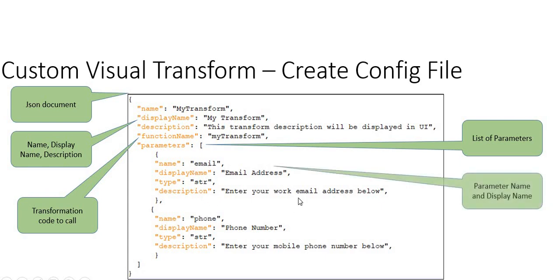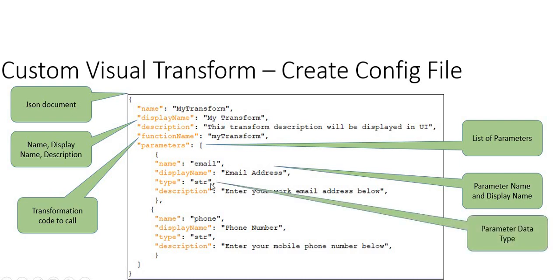For each of these parameters you can provide the name, the display name, and also the data type. In this example, both are string, but it supports other data types like Boolean or integer as well. And then you also provide a description of the parameter. So basically the config file tells you how the visual display of this custom action node is going to look like.